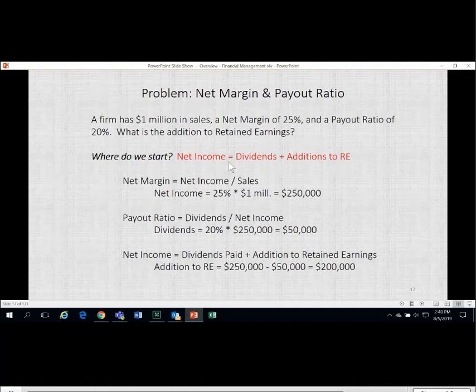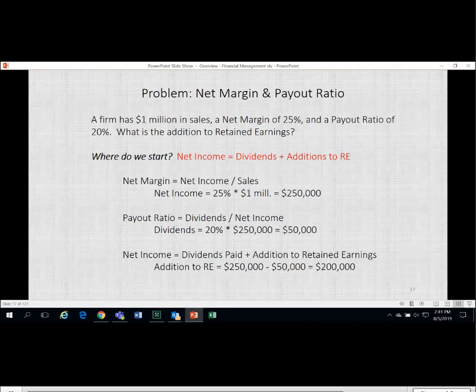So first thing is, we need to figure out what net income is. We know net margin is net income divided by sales. So 25% times the million in sales gives us $250,000 net income. We know that the payout ratio is dividends divided by net income. So 20% times our net income, we paid out $50,000 in dividends.